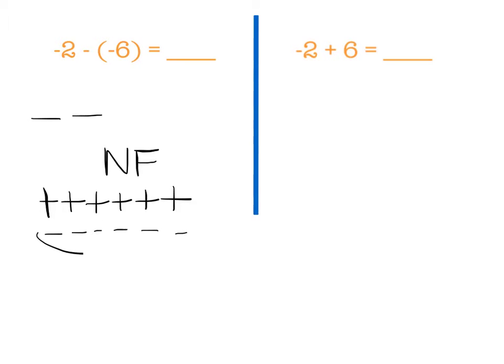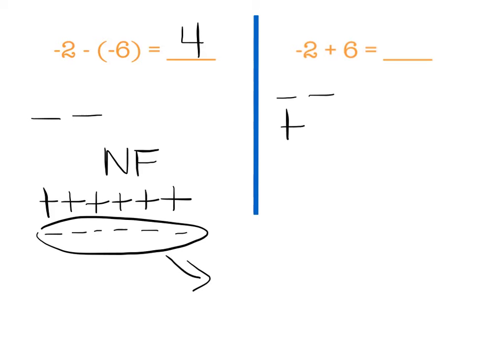I'm going to subtract out the 6 minuses, and that gives me an answer of 4, since the 2 negatives will cancel out 2 positives. If I do an addition problem of -2 plus a +6, that of course gives me a +4. We recognized in class that we got the same answer even though our problem was different.